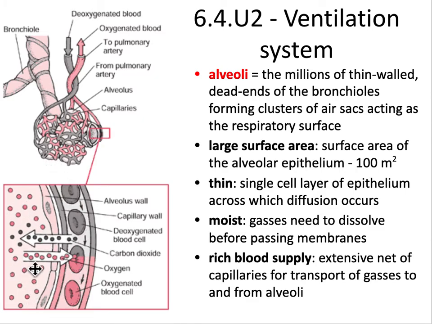And you can see the oxygen in red dots is inside the alveoli because it's there from when the person breathed in. It's going to diffuse into the red blood cells, into the hemoglobin of the red blood cells, which is going to carry that oxygen back to the heart.